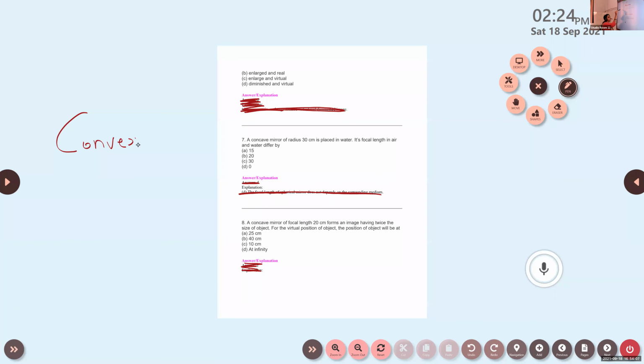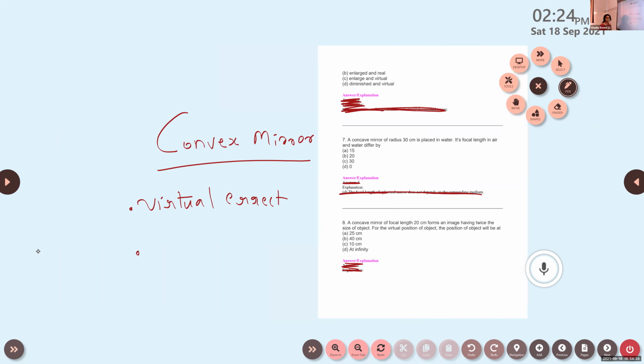In the case of a convex mirror, we have only one kind of result. The nature of the image is always virtual and erect. Wherever you place the object, we get an image which is virtual and erect in nature. And what about the size? Size is always diminished.